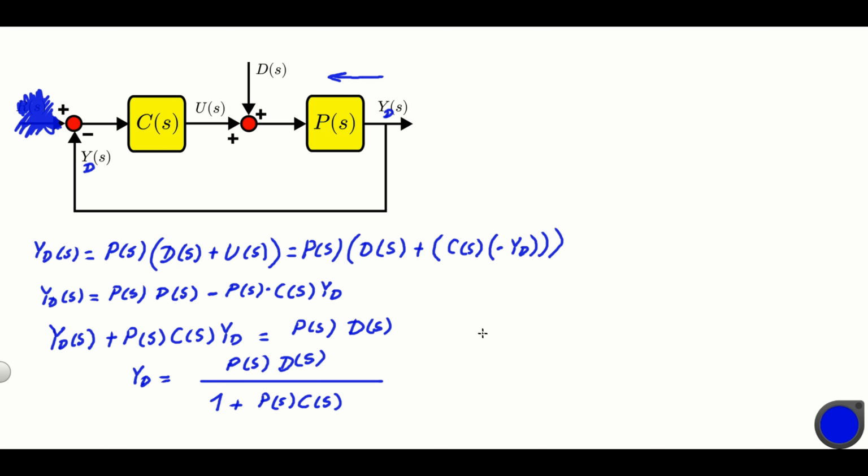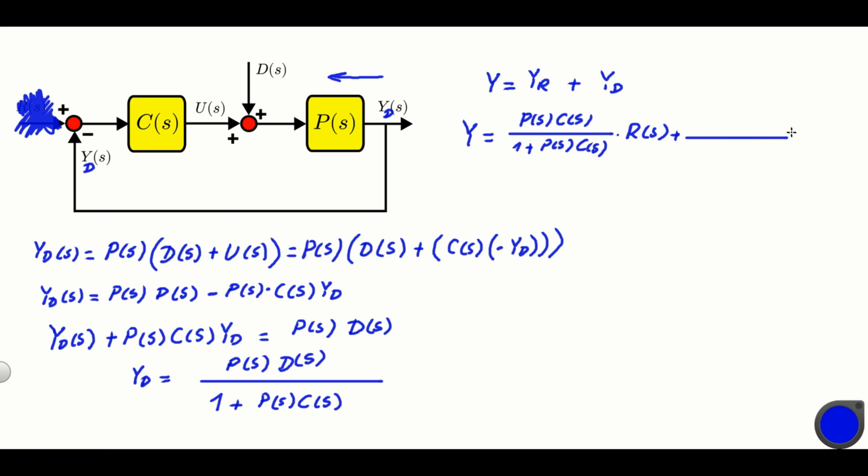And the final expression becomes y is equal to y_r plus y_d. This becomes y is equal to, y_r was computed previously, it is p of s, c of s over 1 plus p of s, c of s, and over here we will have simply r of s, and here we will have this expression multiplying d of s.